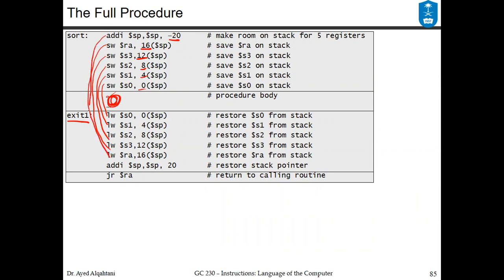And the last one is add immediate to do the real pop, and at the end, you return to the main function probably, or any other function that called the sort procedure. So this complete example showed you different aspects that we already discussed in the previous video.